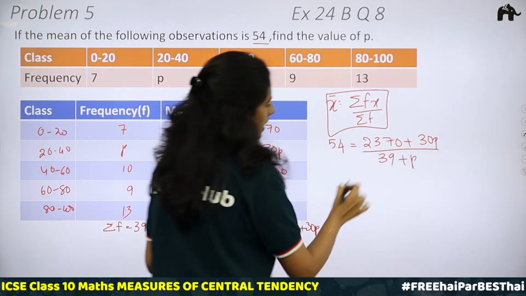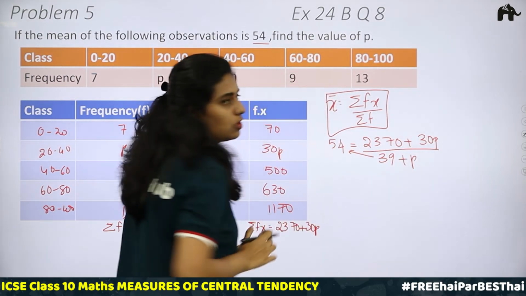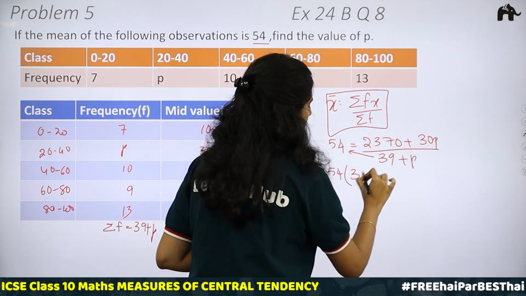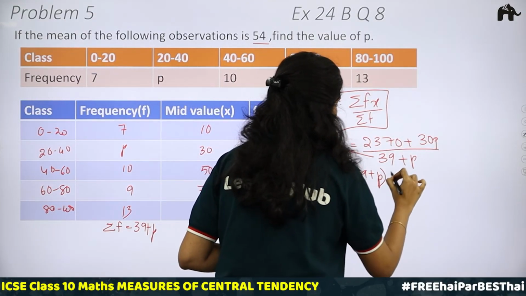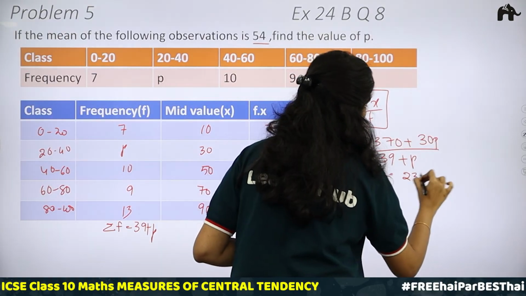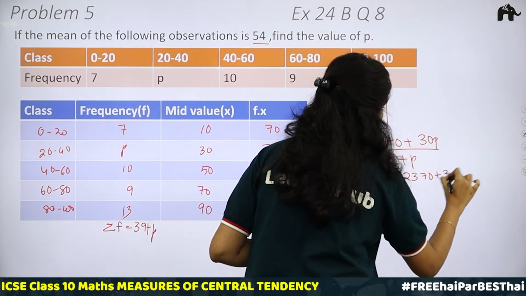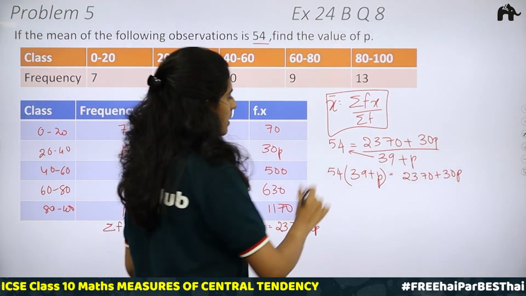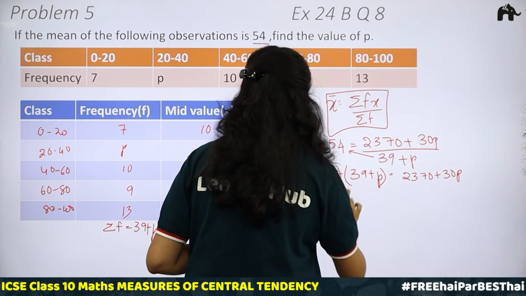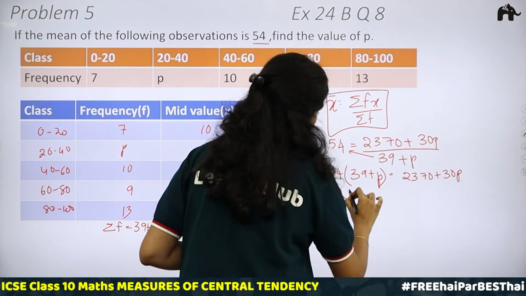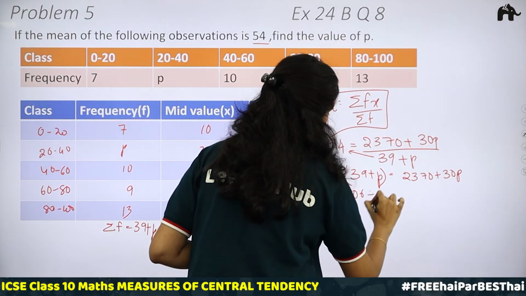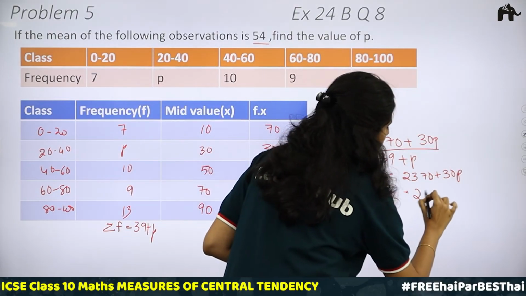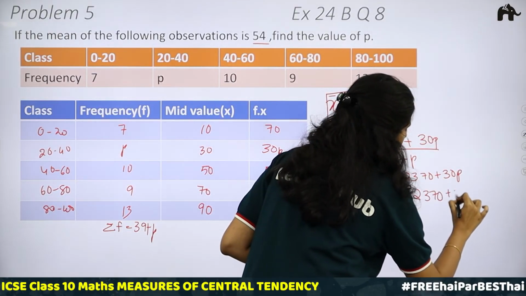Next step, taking this denominator to the opposite side. 54 into 39 plus p is equal to 2370 plus 30p. Multiplying 54 into 39, you will be getting 2106 plus 54p is equal to 2370 plus 30p.